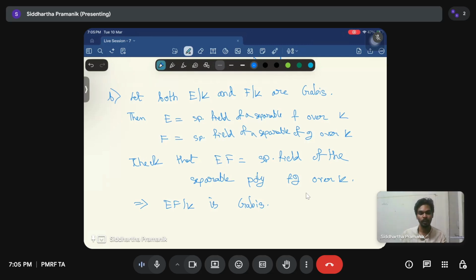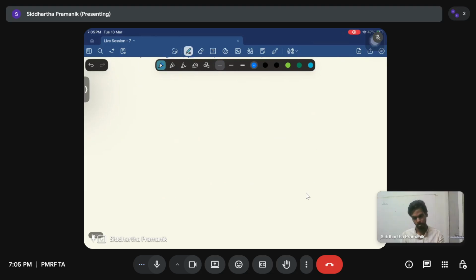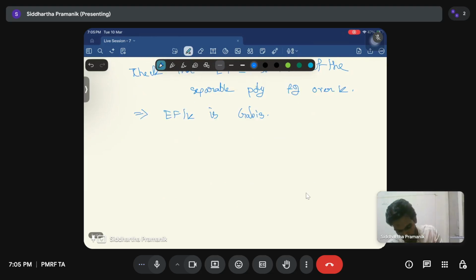Now we need to prove that the intersection is Galois. So E intersection F over K is Galois. For this, I will use another characterization of Galois extensions.